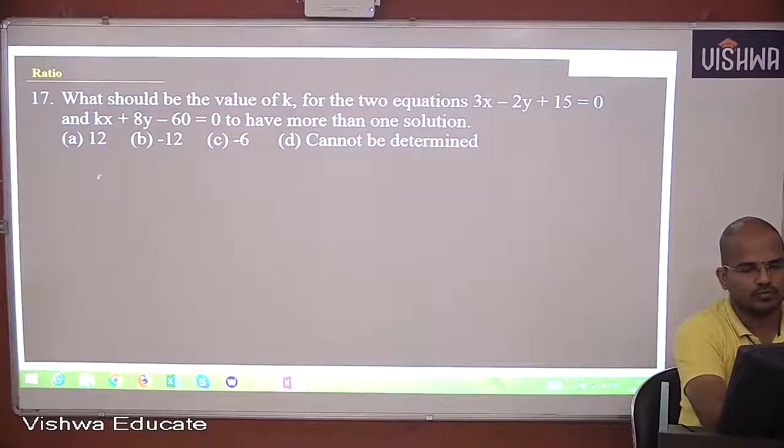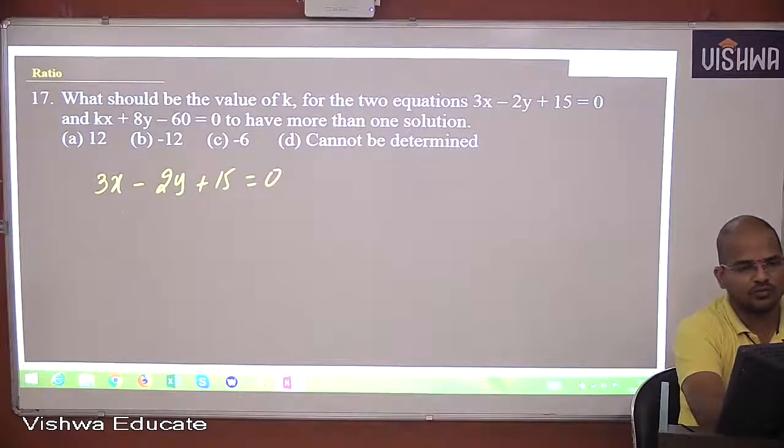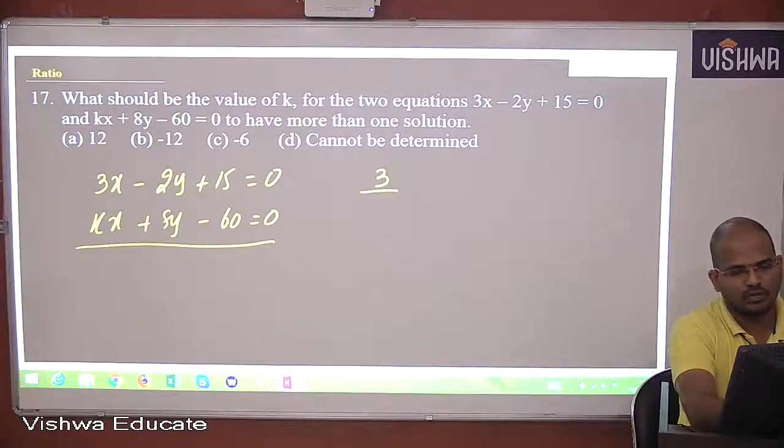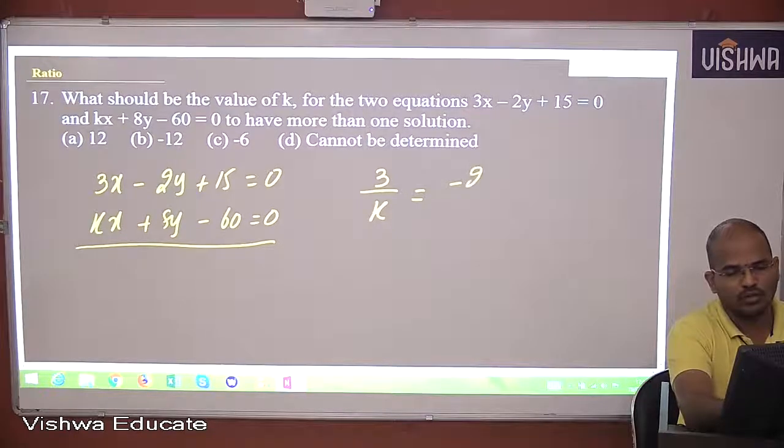So 3x minus 2y plus 15 is equal to 0, kx plus 8y minus 60 is equal to 0. So 3 by k should be equal to minus 2 by 8 should be equal to 15 by minus 60.